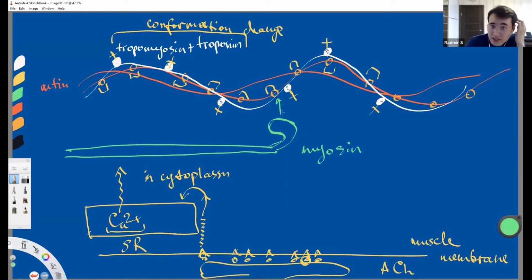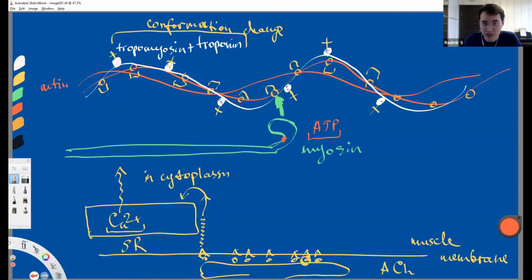So let's say that at this point, we are bound to this binding site. The next step would be taking the ATP molecule and binding it to the head of the myosin.